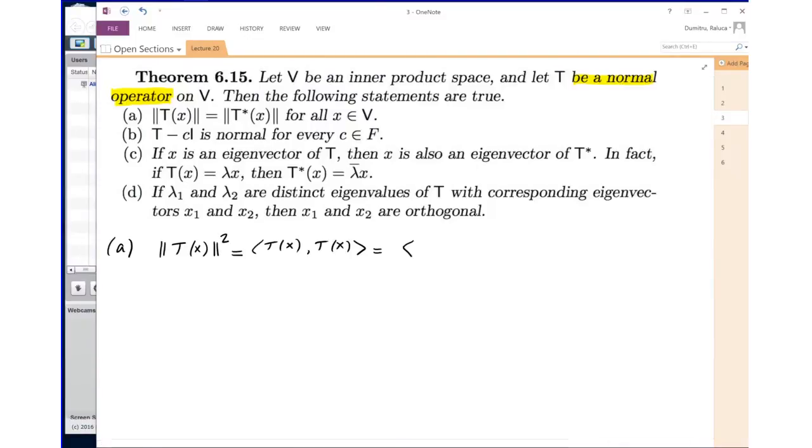Let's say we move the first T into the second. And this is where normality comes in, because being normal means that T star T is the same as T T star.